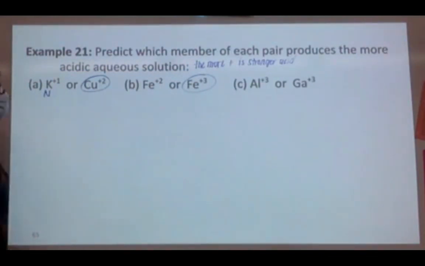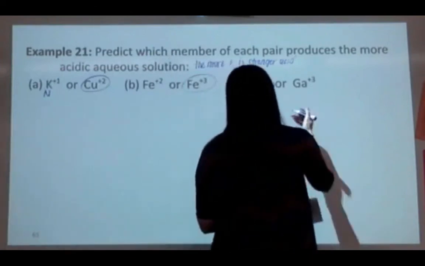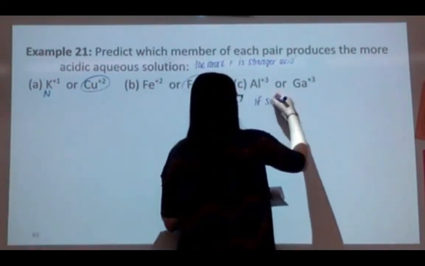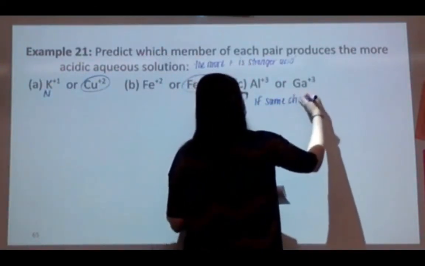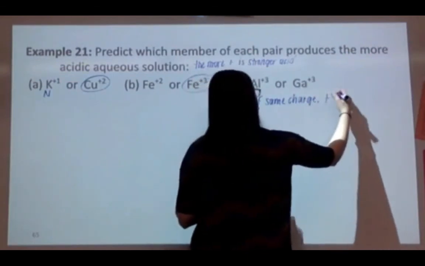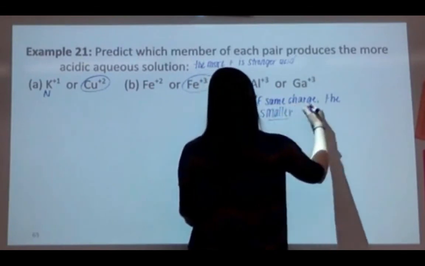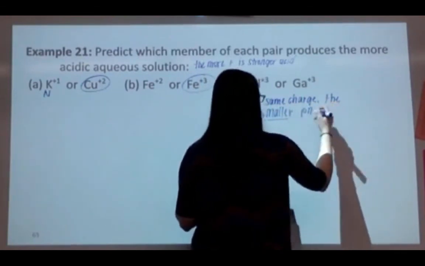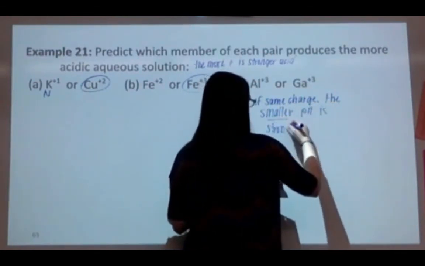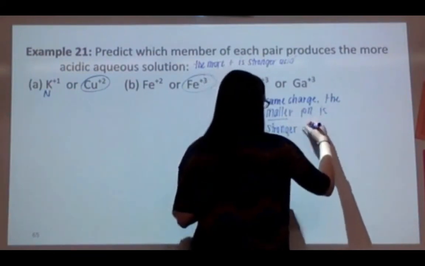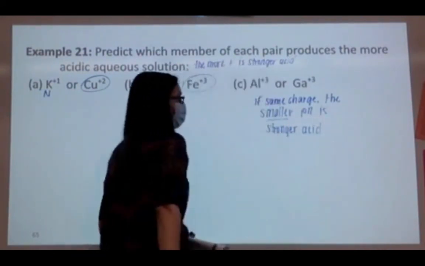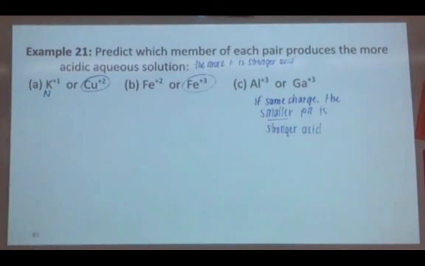Now in part C, they have the same charge. So something to think about when they have the same charge: the smaller ion is the stronger acid. So now we have to think back to sizes. We look at the periodic table.